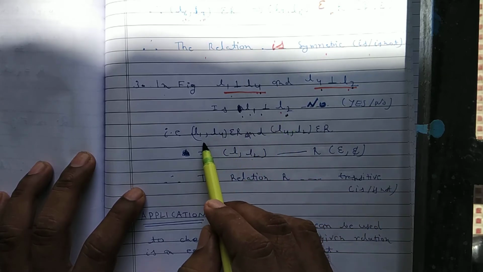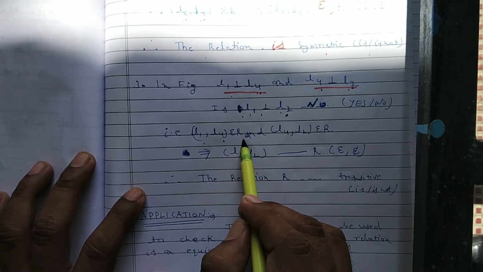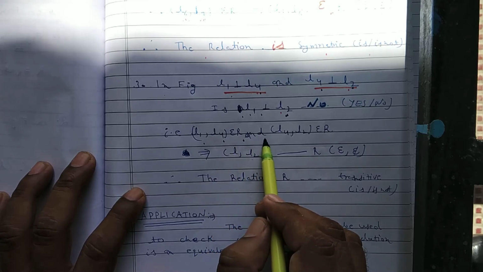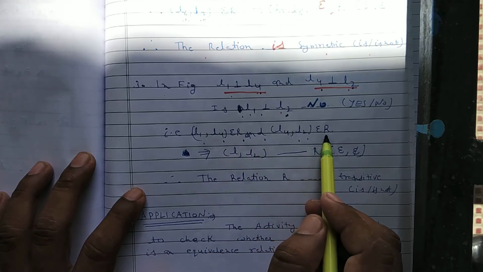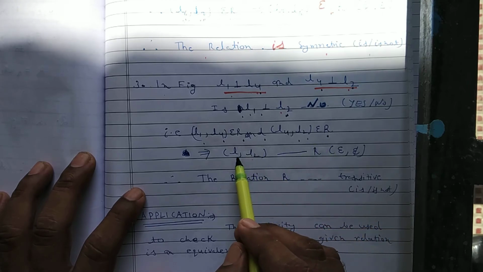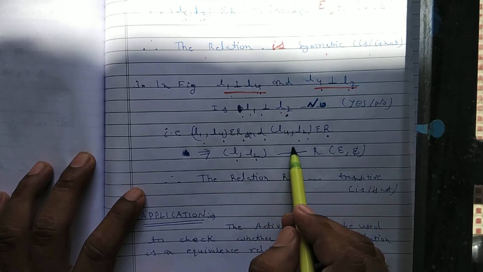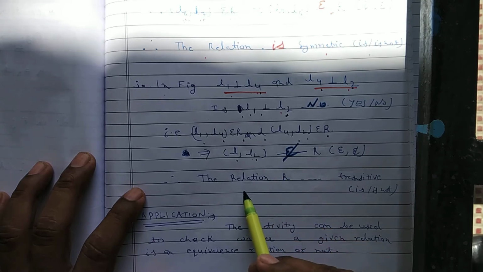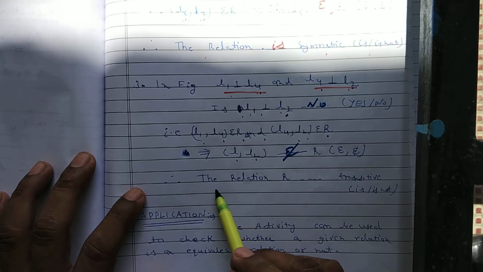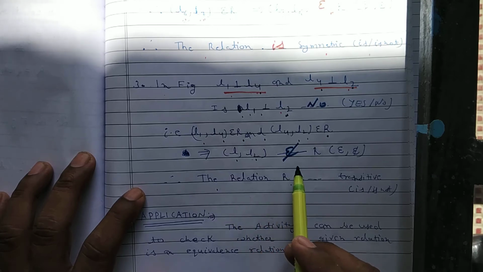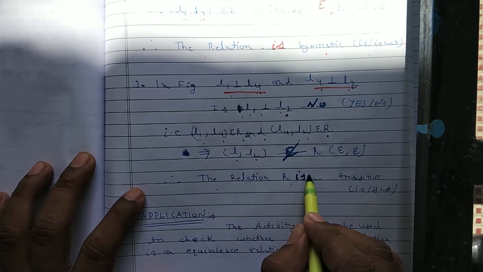That means (L1, L4) belongs to R and (L4, L2) belongs to R, but (L1, L2) does not belong to R. So the relation R is not transitive.